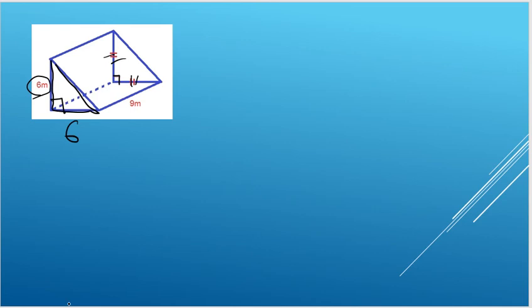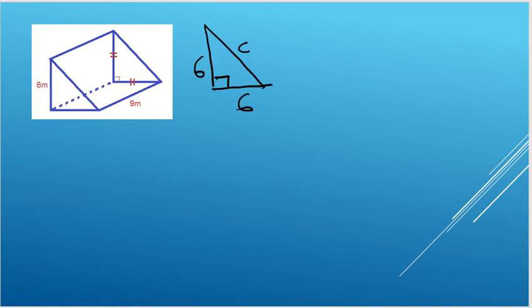So we can find now the area of the base. In case of a right angle triangle, we have two legs, 6 and 6. Therefore, we can detach the base and see it separately here. And then we can find the hypotenuse side, which is not given. We can apply the Pythagoras Theorem.